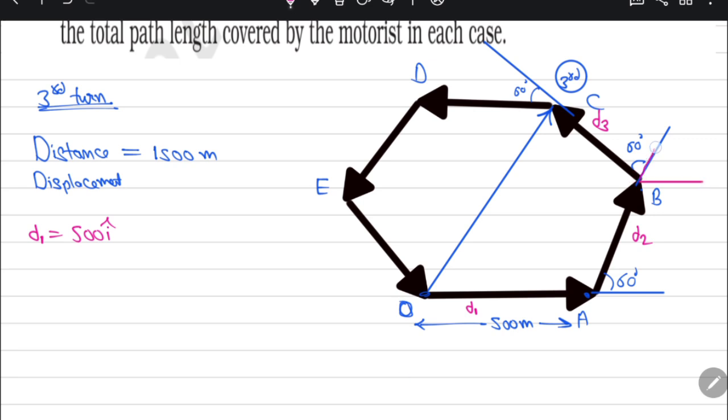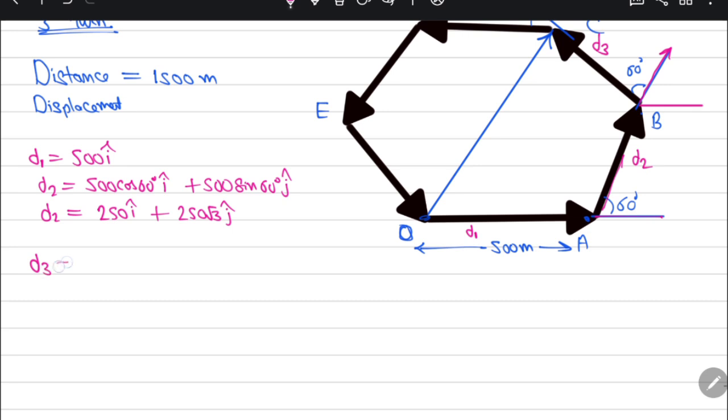This is our other vector d2, so I resolve d2 in component form: d2 is 500 cos 60 degrees i cap plus 500 sin 60 degrees j cap. So d2 comes out to be, cos 60 being 1 by 2, 250 i cap plus 250 root 3 j cap.